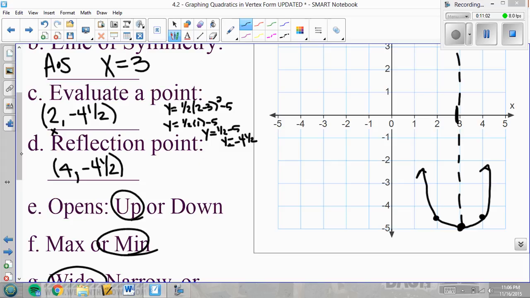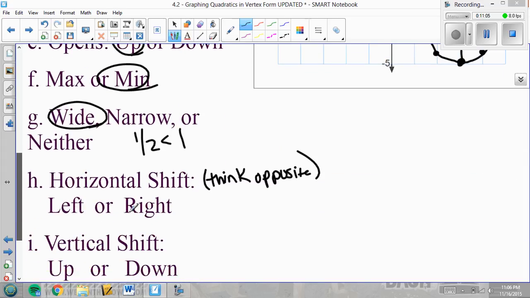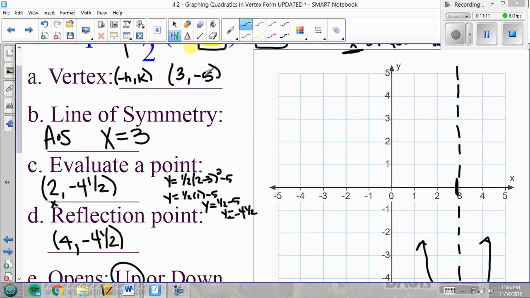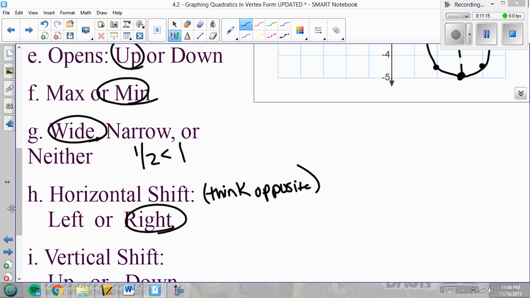So I know my horizontal shift was right, and my vertical shift, to get to -5 on my y, I had to move down.